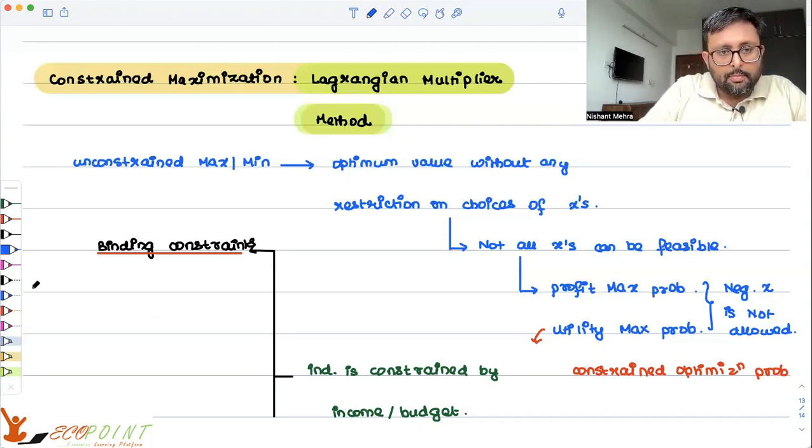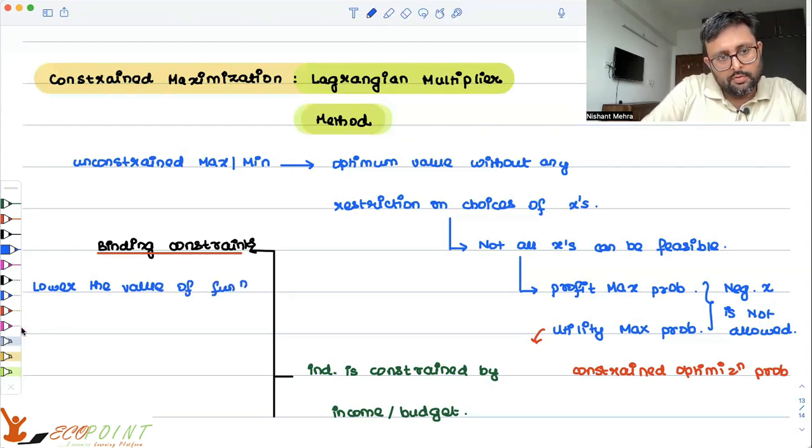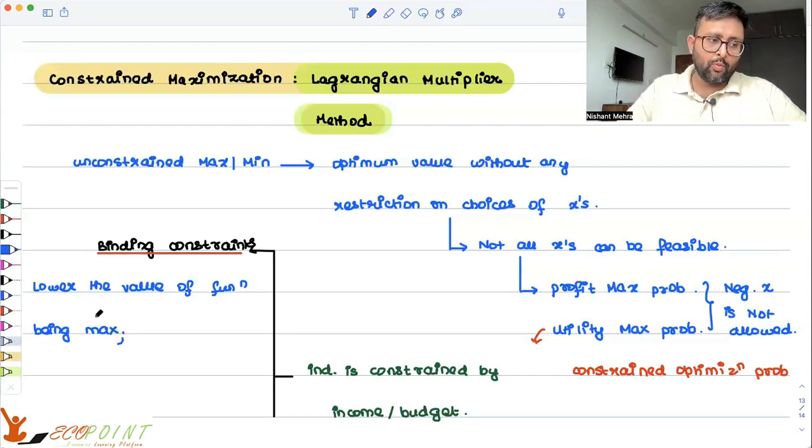So binding constraints lower the value of the function being maximized, right? And why does it happen?